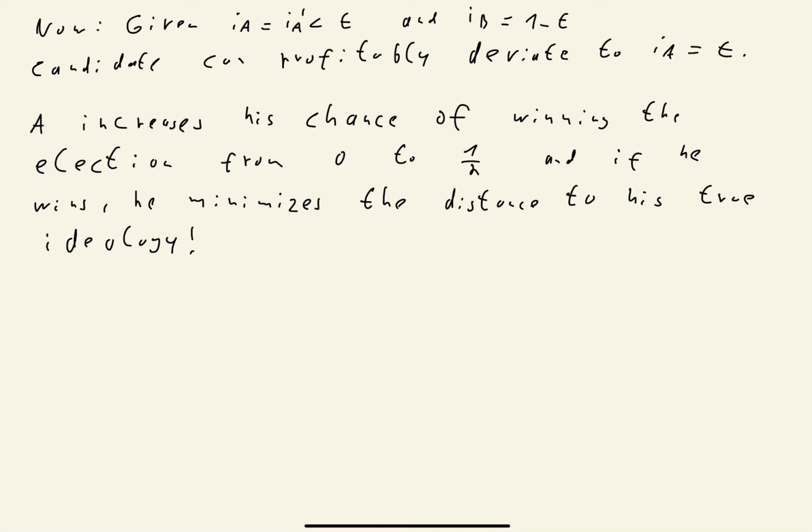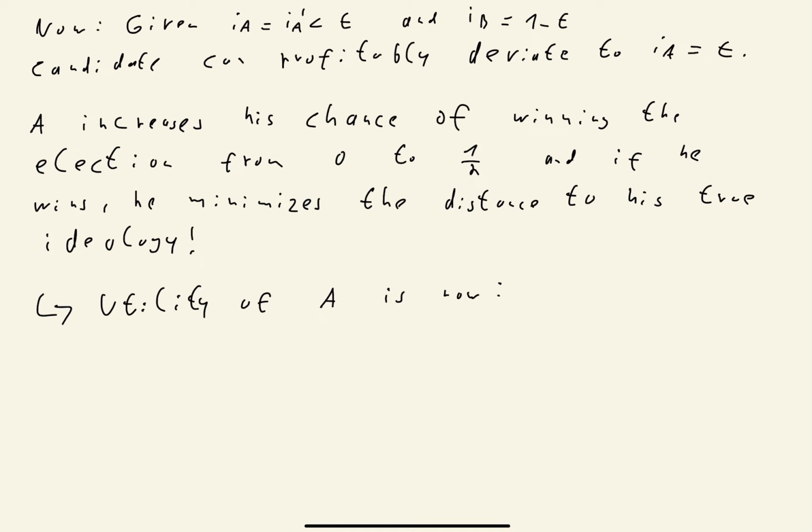And if he loses, he will end up with the same utility as in the case where he had chosen IA prime and B had chosen an ideology equal to 1 minus t. So the utility of A is now the following.